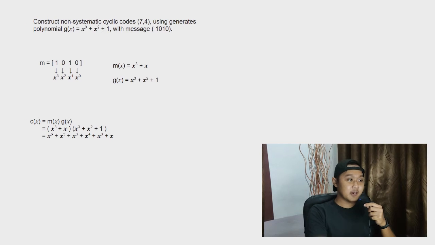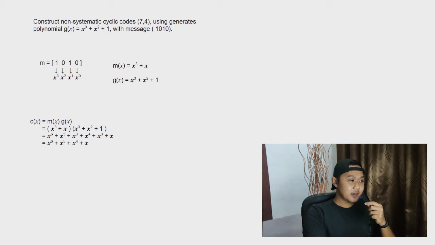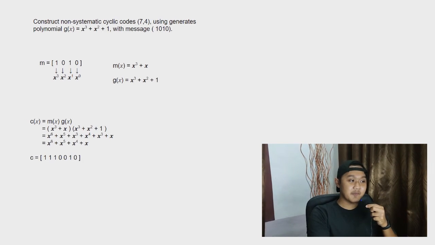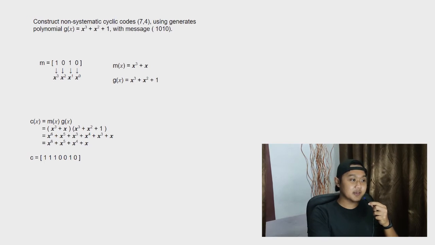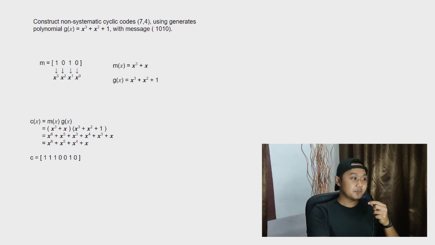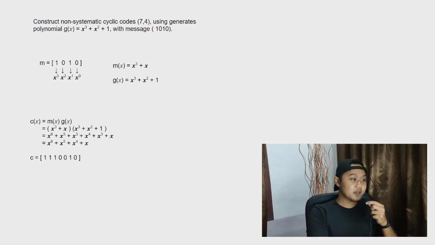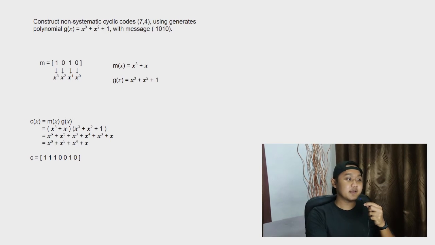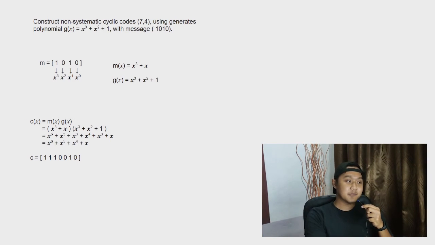We can cancel out the same terms, x to the power of 3 and x to the power of 3. So we get x to the power of 6 plus x to the power of 5 plus x to the power of 4 plus x. So the code we get from the code word polynomial is 0100111. Okay, that's all the examples of the non-systematic cyclic code.